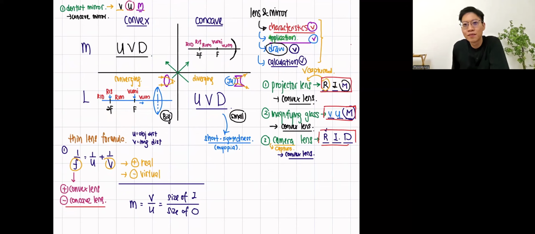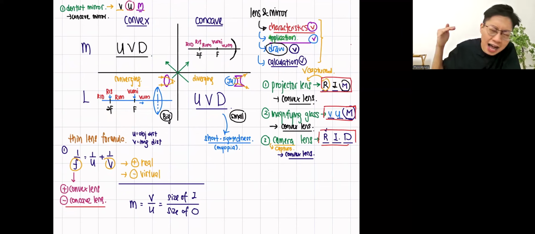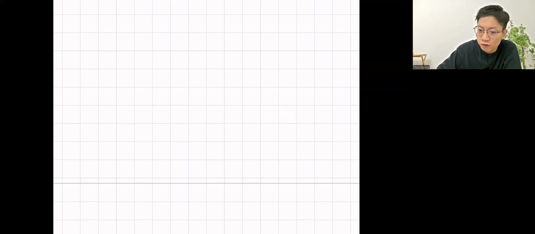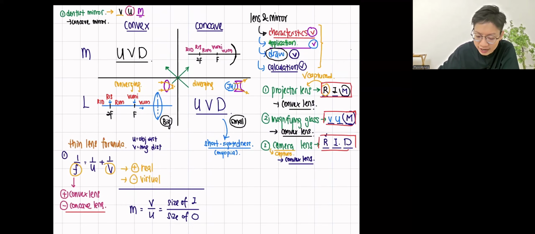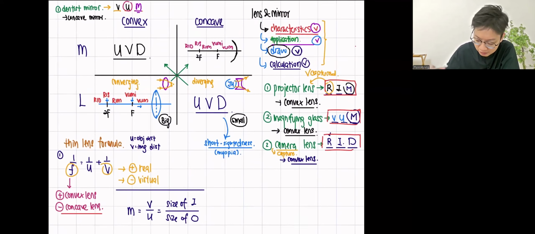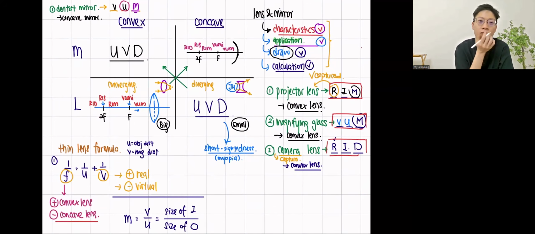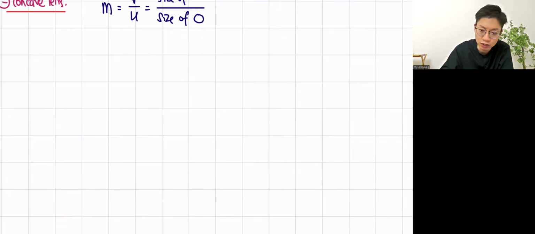Now we will reach the hardest part for today. You literally have to screenshot. This is the maximum I can go already, guys. Whoever wants screenshot, you can screenshot. I don't mind. Now we go to the interesting part.